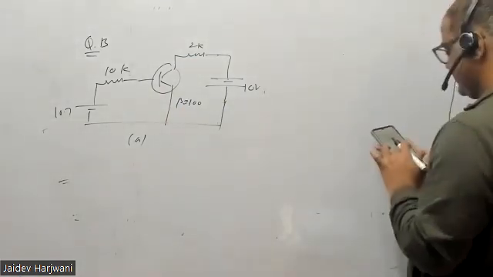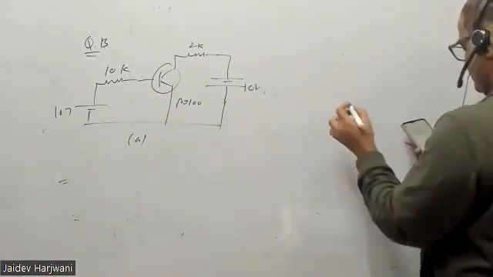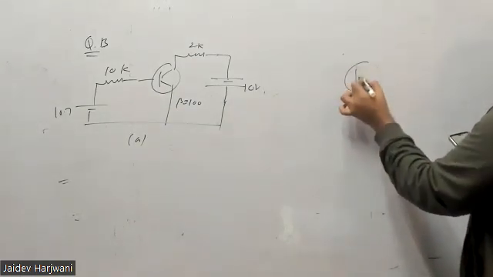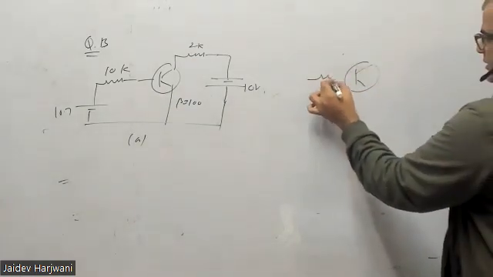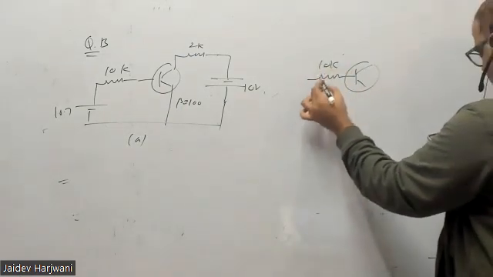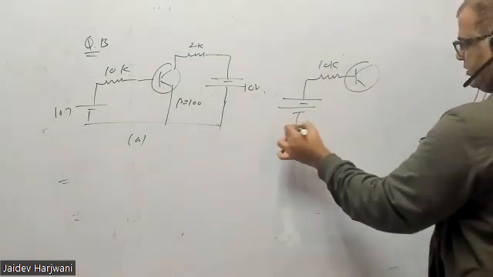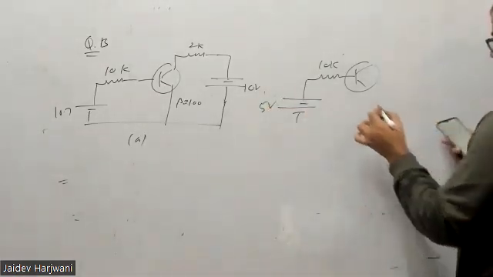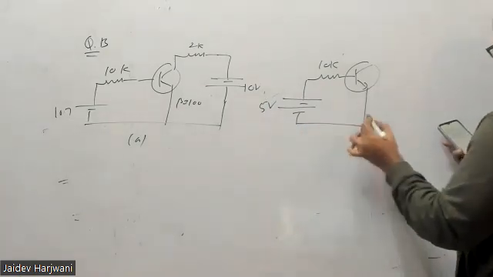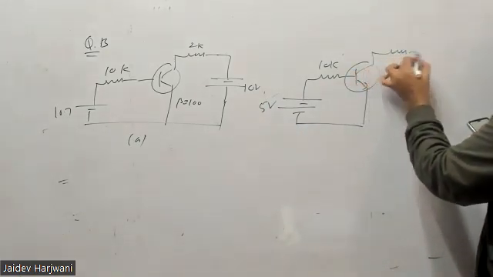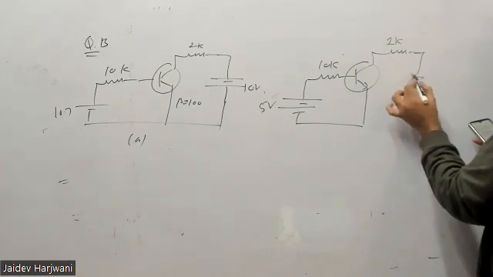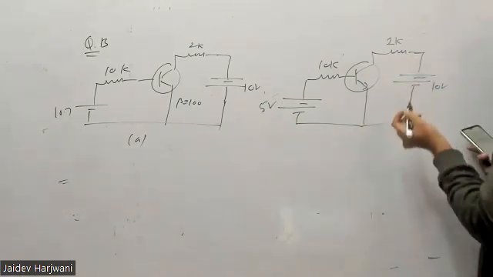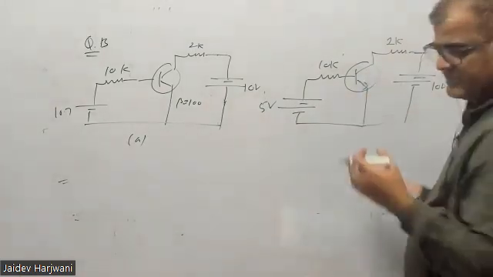And the next circuit, you have a transistor, this one, 10K, and you have this 5 volt. Here 1K, and this is 10 volt. So both इनका ऑपरेशन रीजन बताना है.